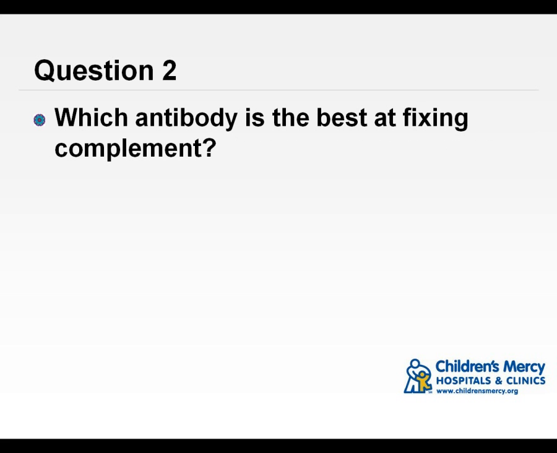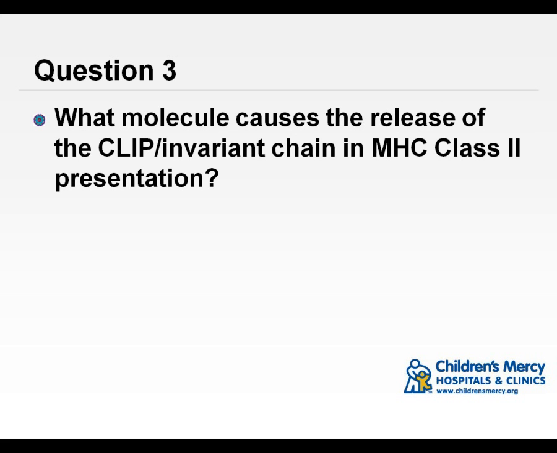Question 2 is, which antibody is the best at fixing complement? Or if you would like, what are the first best 4 antibodies at fixing complement? And then question 3, what molecule causes the release of the clip or invariant chain in the MHC Class 2 presentation?